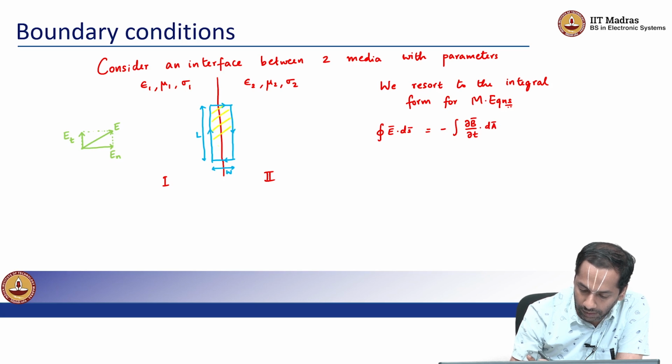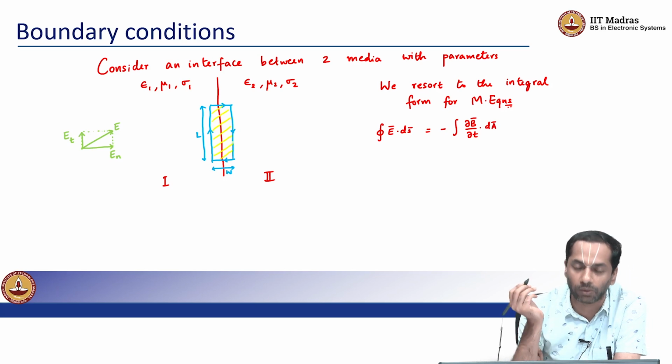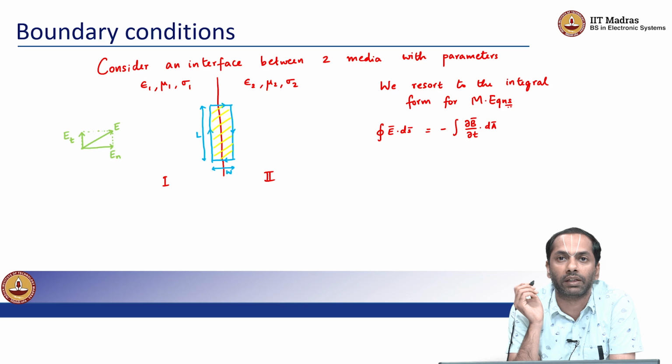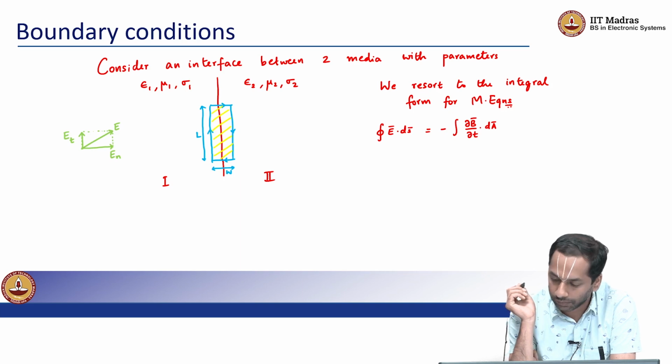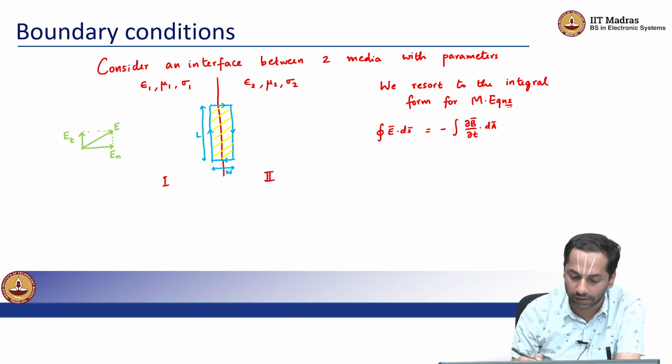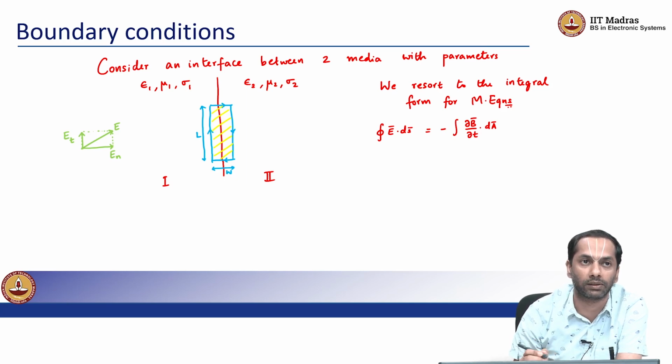So whatever magnetic flux is flowing through this contour, if it is changing as a function of time, then we have a finite closed loop integral of E dot ds. This is what Faraday's law told us. So we are going to write out E dot ds for this loop, and I am going to align this loop along the tangential component direction.